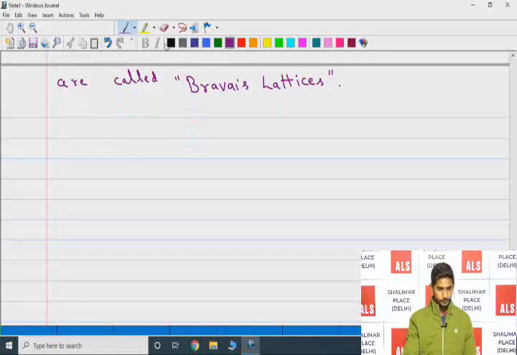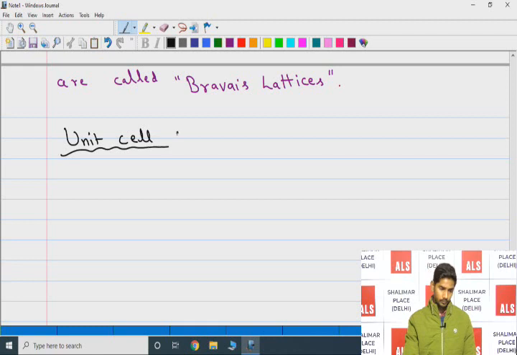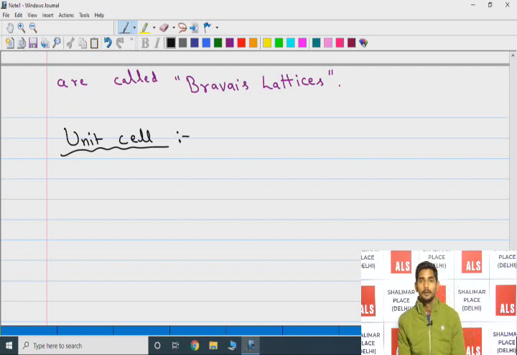Next, unit cell. Guys, I hope you have seen the Rubik's cube. Have you seen that? Okay, good. So let's consider the combination of the 3 by 3. I can say that the bigger cube is made up of small cubes.